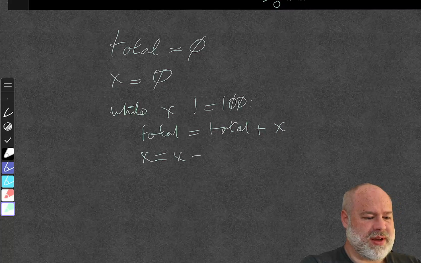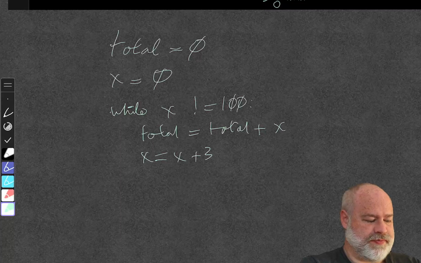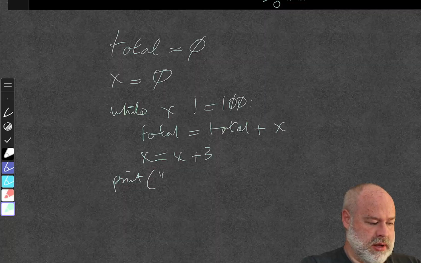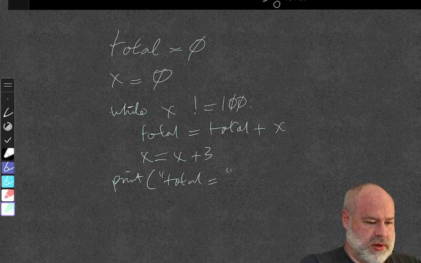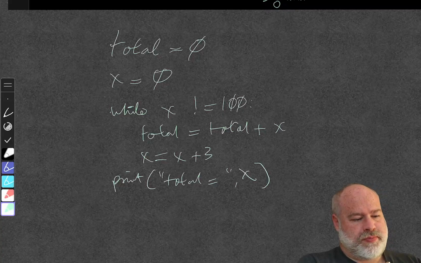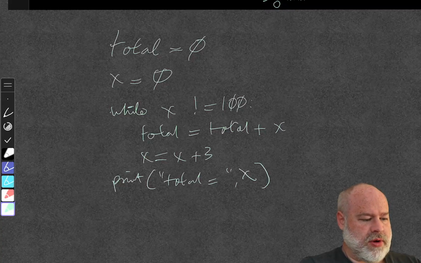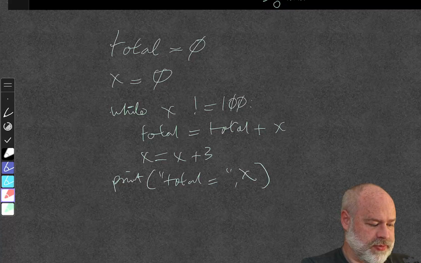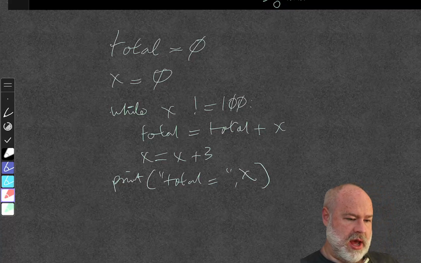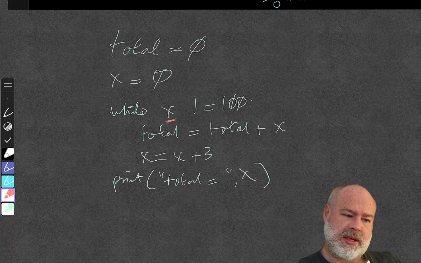But if we did something like this, x plus 3, and then we've got print total equals x, the main issue here is that x is never going to be 100, is it?